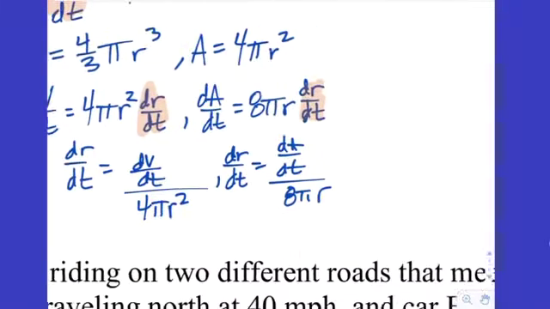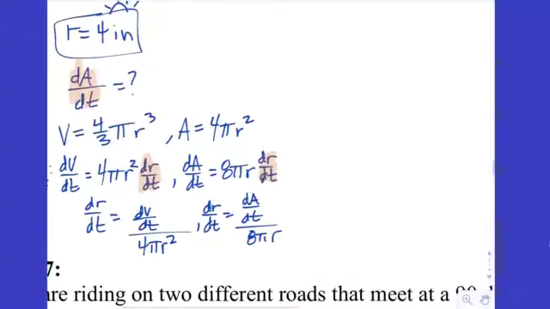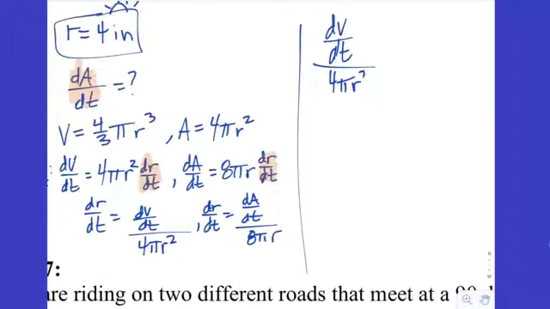And since those are equal to the same thing, by the transitive property or substitution, they should be equal to each other. So dV/dt over 4 pi r squared is equal to dA/dt over 8 pi r.